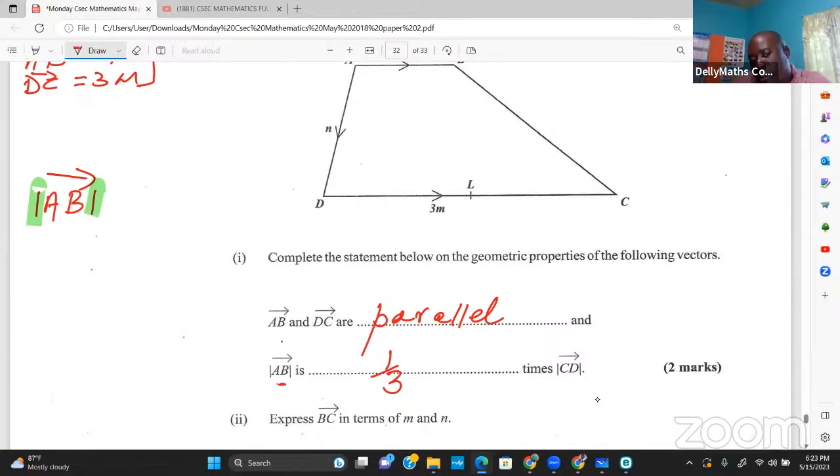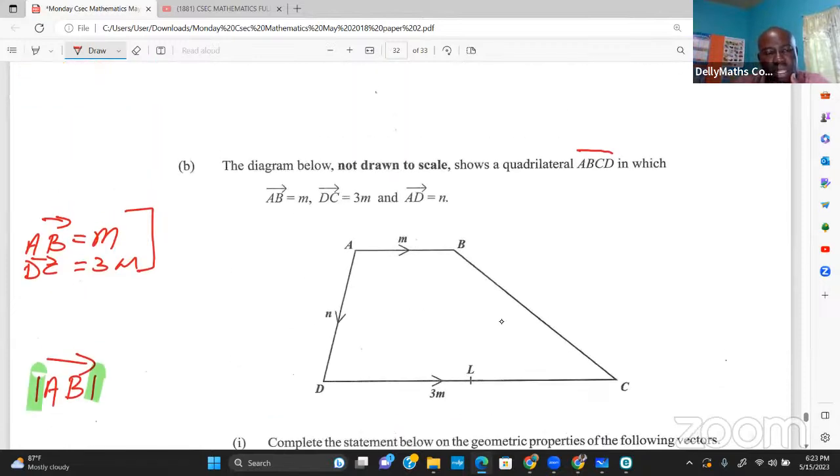Because look here, AB is 1/3 times this. Of course, let us do it. If I take 3M and I multiply by 1/3, I will get M, which is AB. So 1/3 of that CD would have given me AB. So we want to be careful with that. So it's 1/3.